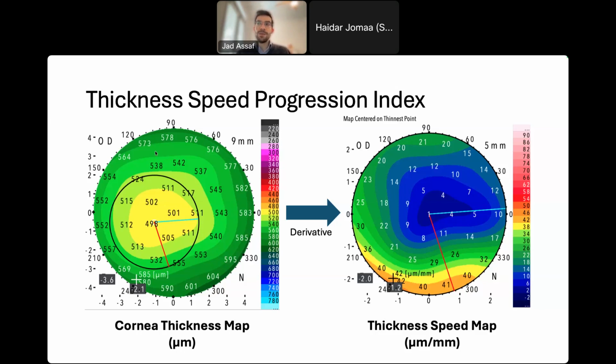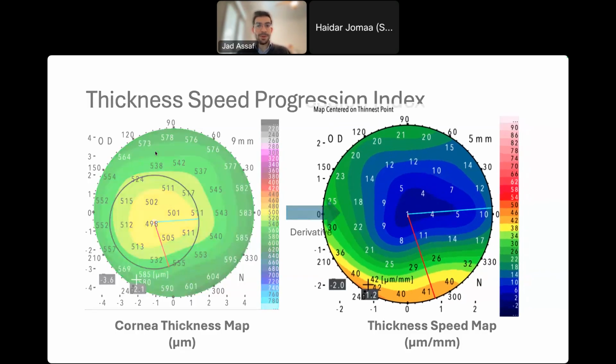And we thought of deriving this map and converting it to a thickness speed map instead of a pure thickness map. We wanted to understand how thickness changes relating to position. And we got this map on the right as a derivative, as a radial derivative of the map on the left.